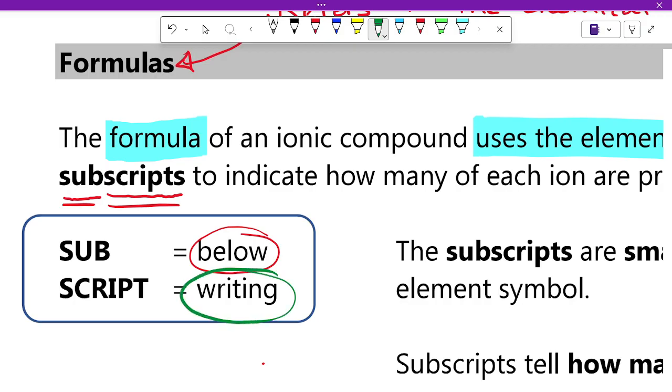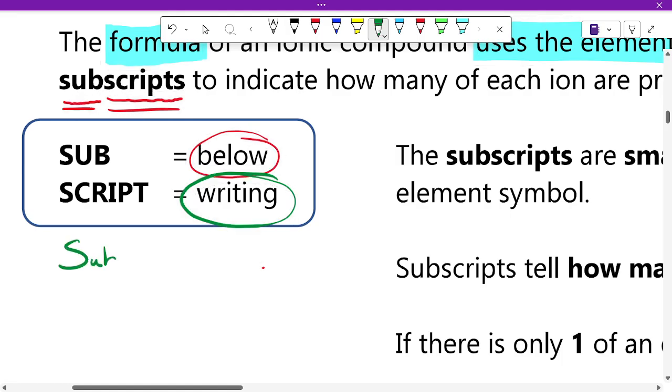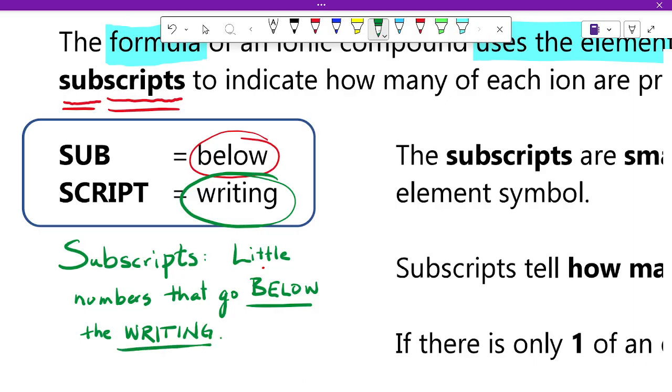So subscripts are little numbers that go below the writing.